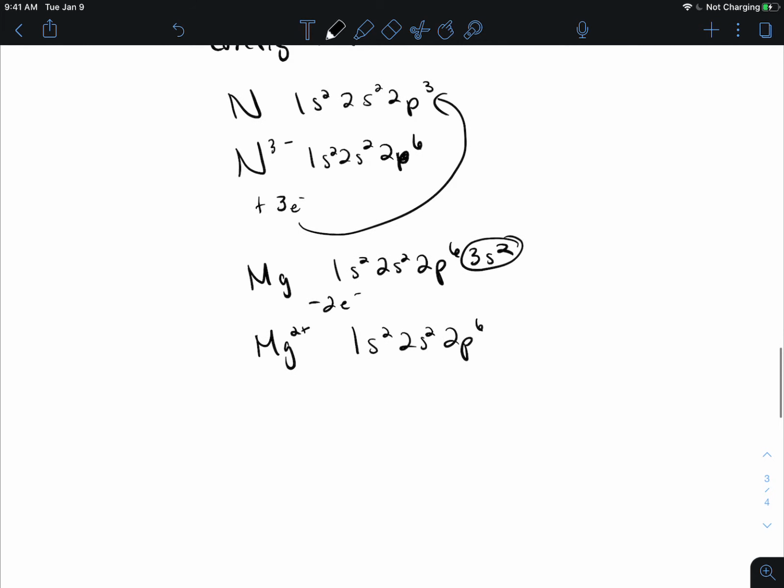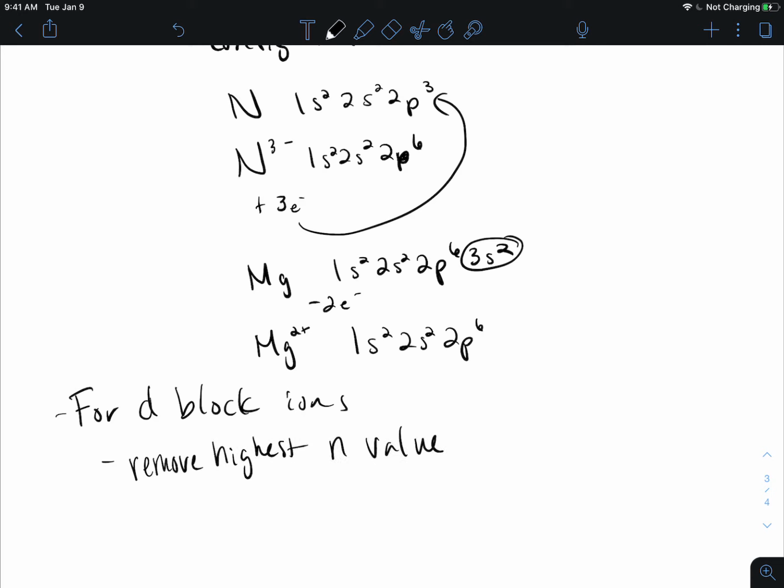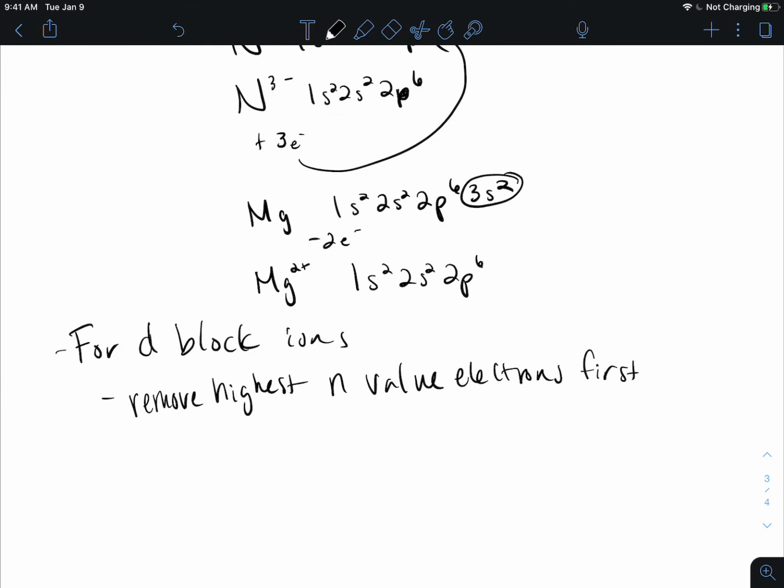Our D block ions, we're going to remove the highest N value electrons first. So in this case, let's look at iron again. Let's look at iron 3+.